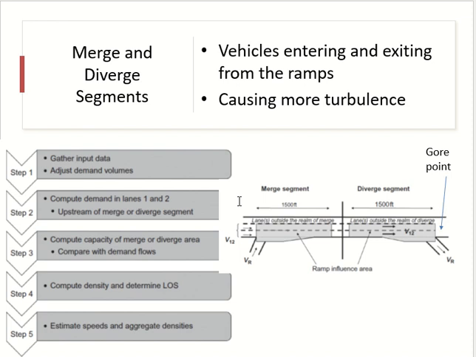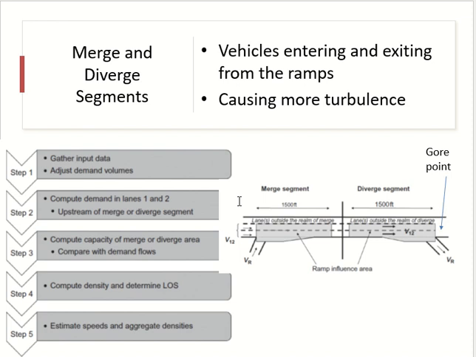The merge segment and the diverge segment have an influence area, or let me put it the other way around. Every ramp has an influence area. Thankfully, from research, they have found the distance up to which the ramp can influence the flow.